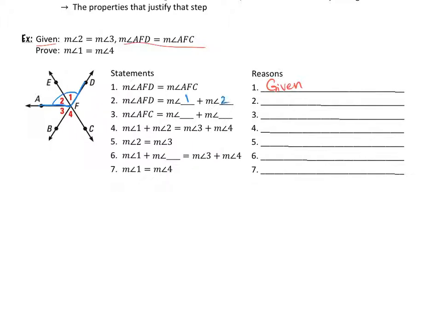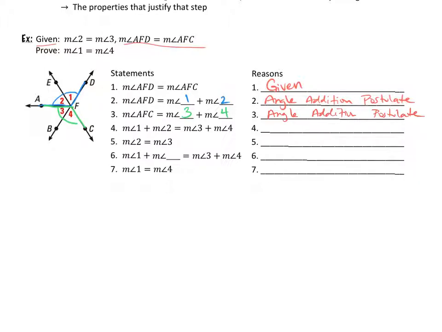So we're going to fill that in, and we know that because of the angle addition postulate that we can do that. And then in statement 3, the measure of angle AFC is the measure of angle 3 plus the measure of angle 4. And again, that is because of the angle addition postulate.